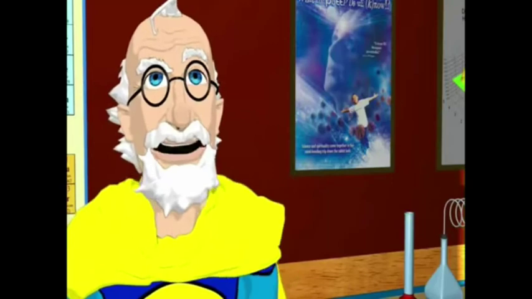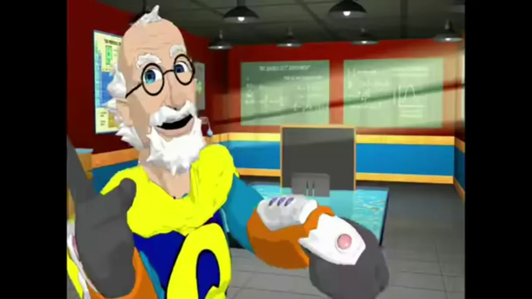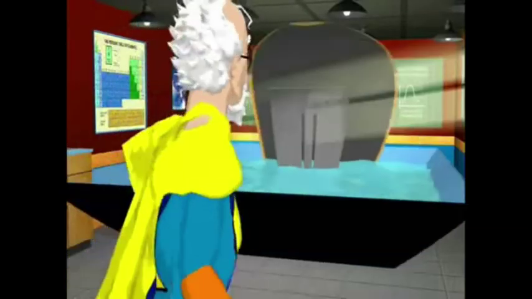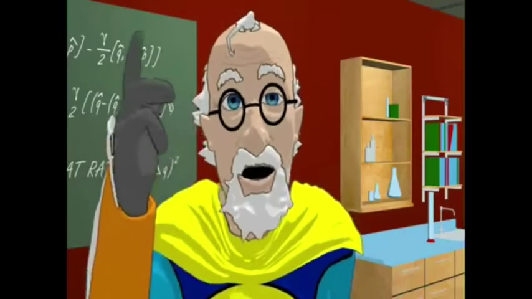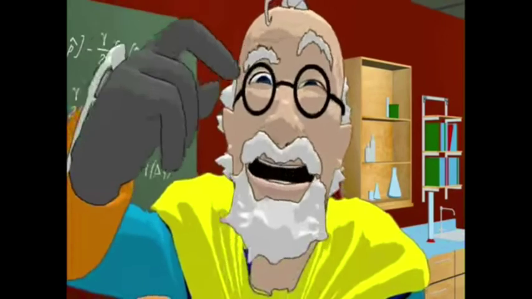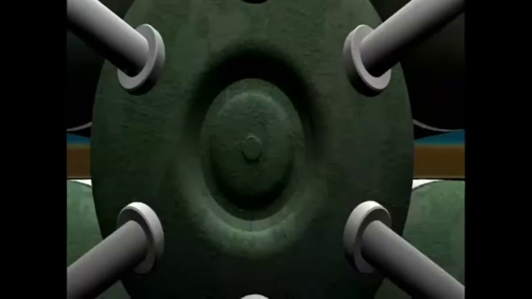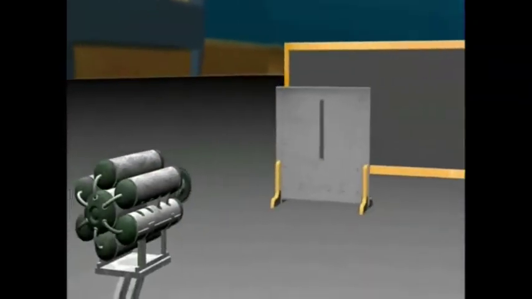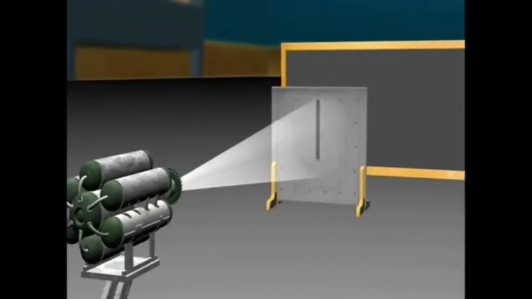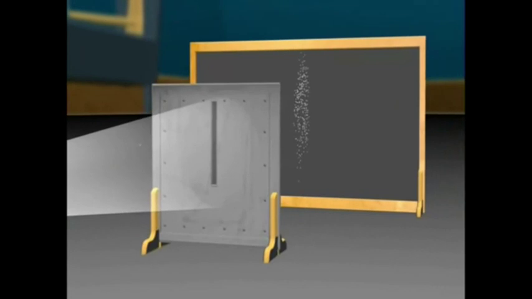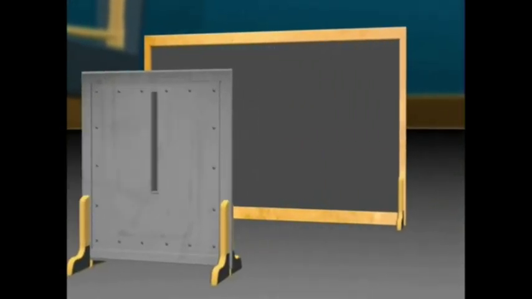Good so far. Now, let's go quantum. An electron is a tiny, tiny bit of matter, like a tiny marble. Let's fire a stream through one slit. It behaves just like the marble, a single band.